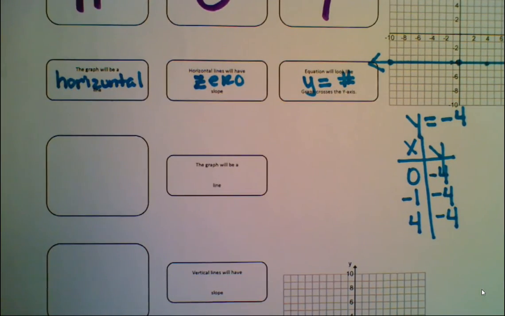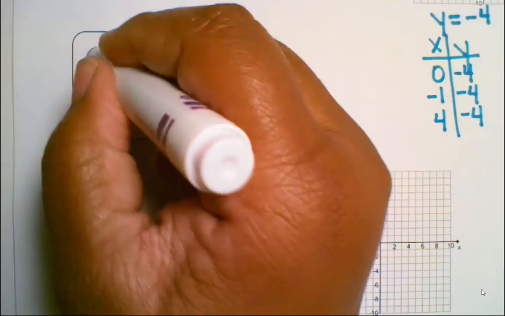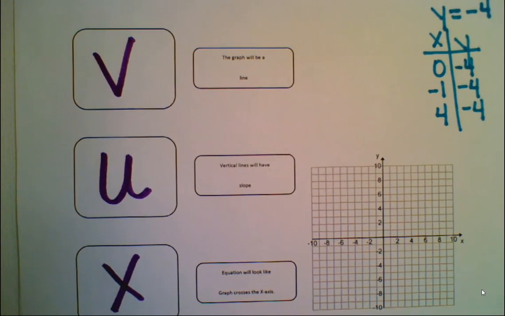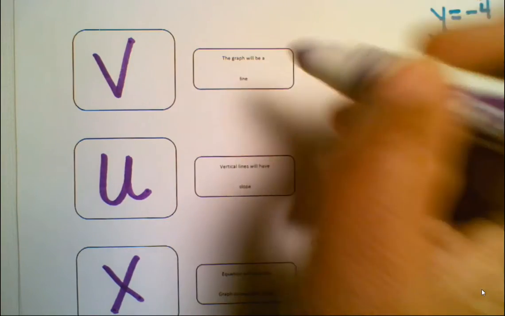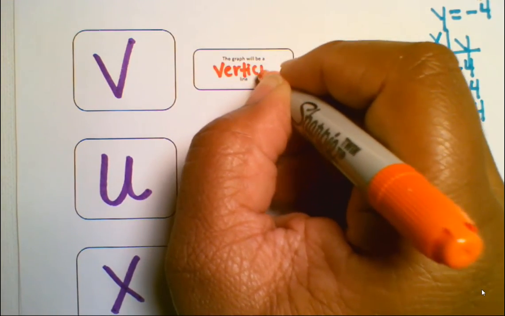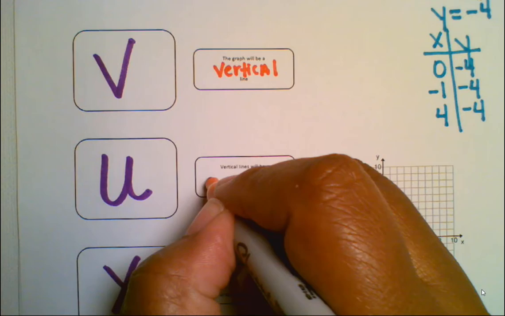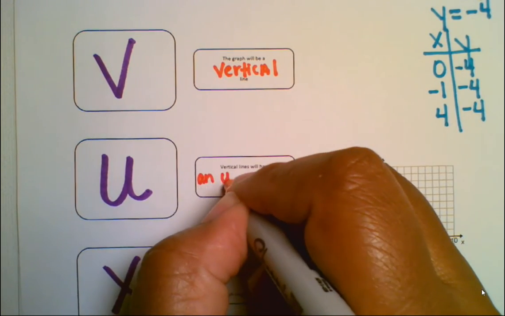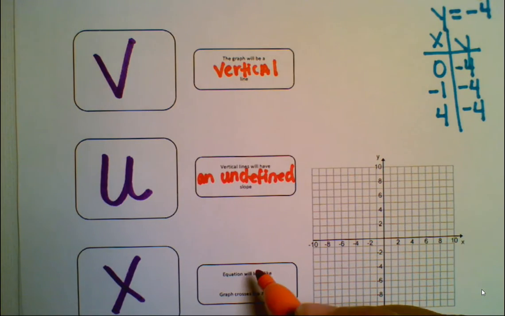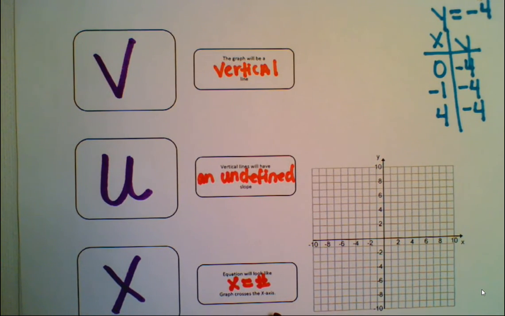For vertical lines, we're going to use the acronym VUX, V-U-X, where the graph will be a vertical line, vertical lines will have an undefined slope, and the equation will look like x is equal to some number, where the graph crosses the x-axis.